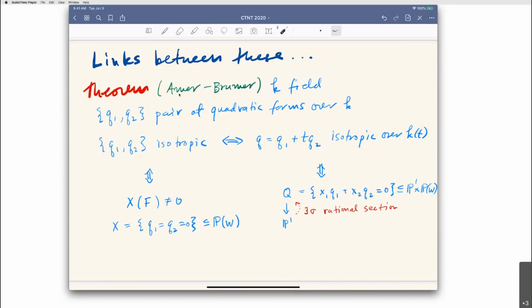Certainly one direction is very obvious. If you have a common zero to the two quadratic forms, you just plug that same common zero in and you'll get zero.